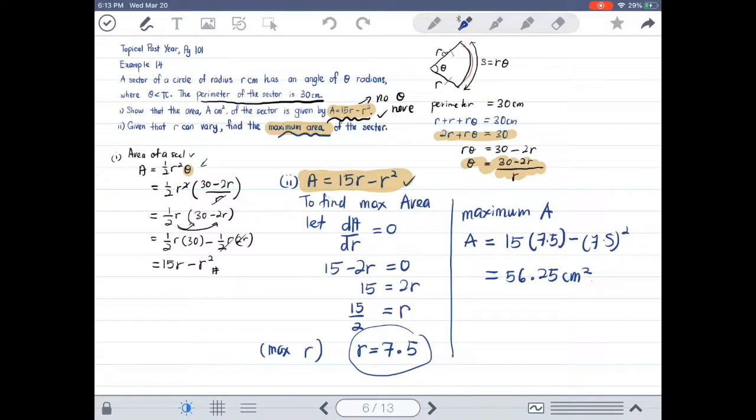I know this can be quite tough, but yes, this question will be asked in your SPM and also your IGCSE examination. So you can't run from it, you have to face it.